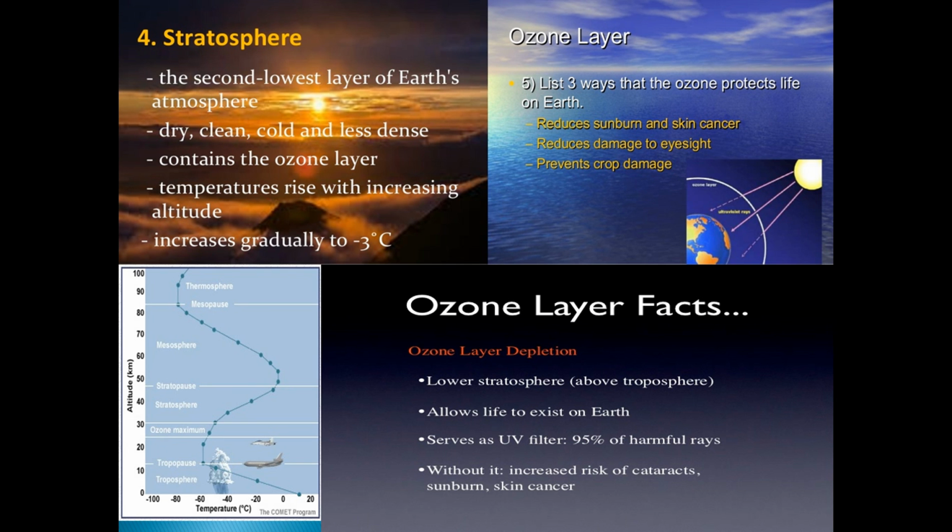For the existence of the ozone layer or ozone gases, a chemical reaction happens with UV rays. For that, this layer is warmer than the troposphere, so temperature increases in this layer with height.